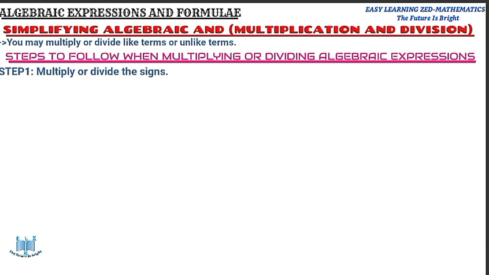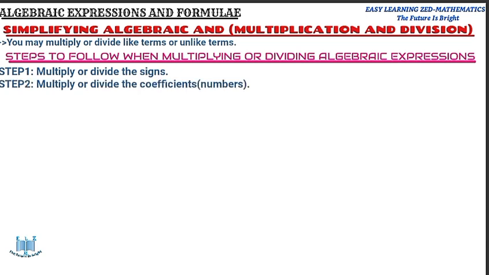The signs we are talking about are positive or negative. If the number is negative, and it's being multiplied by a positive, then you multiply a negative by a positive. If it's multiplied by a negative, then you multiply a negative by a negative.